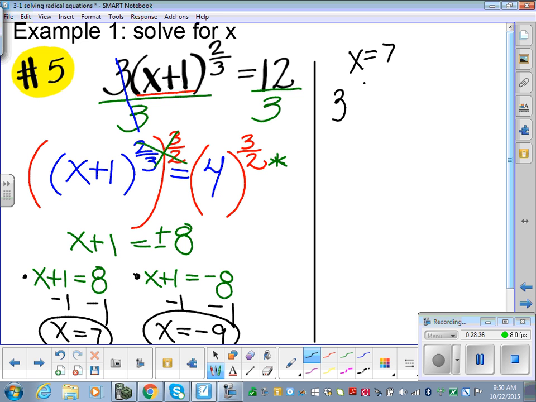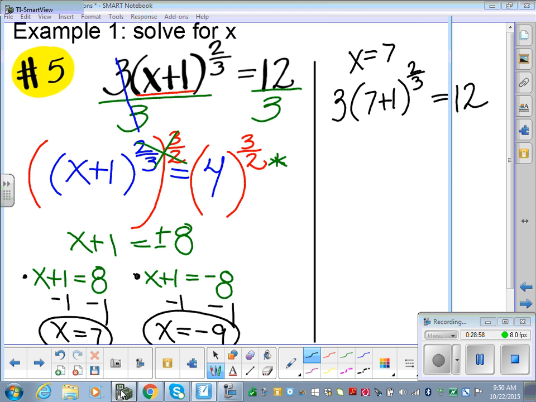I'm going to do 3 times, in parentheses, 7 plus 1 raised to the 2/3. Use your parentheses correctly. It is equal to 12. So it's 3 times 8, raised to the 2/3 power, everybody? It's 7 plus 1, which is 8, right?